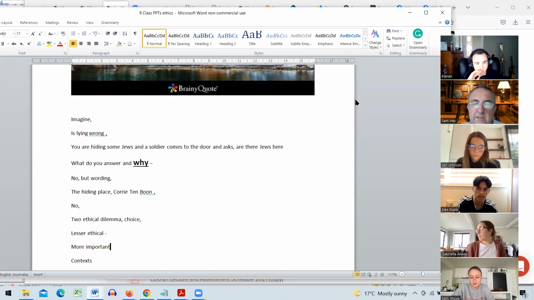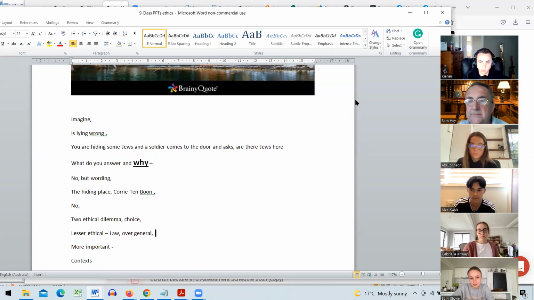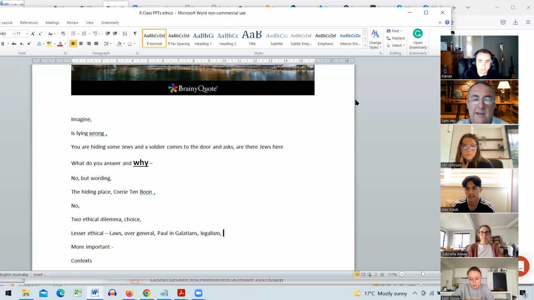This also raises the thought about law, in that law can be overgeneral: thou shalt not lie, thou shalt not steal. What about stealing a loaf of bread to give to someone who is starving, again in the Second World War? So there is a weakness in laws. And this is why I think the Apostle Paul in Galatians and in Romans challenges legalism. Legalism can be used in a number of different ways.